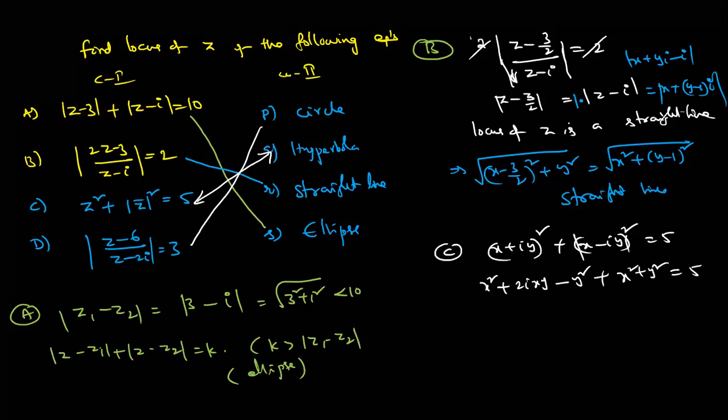Root over x square plus y square. Root cancel. x square, 2x square. xy is equal to 0.